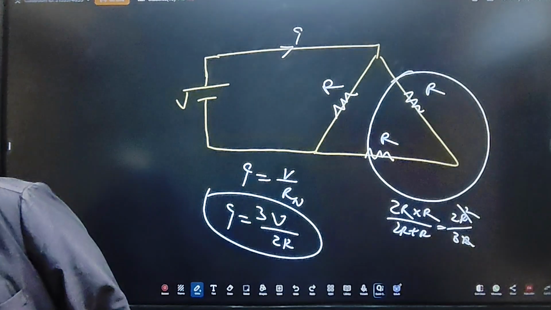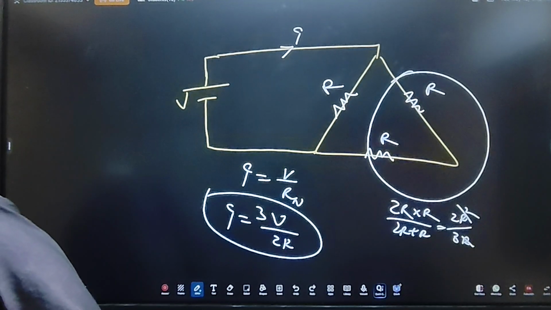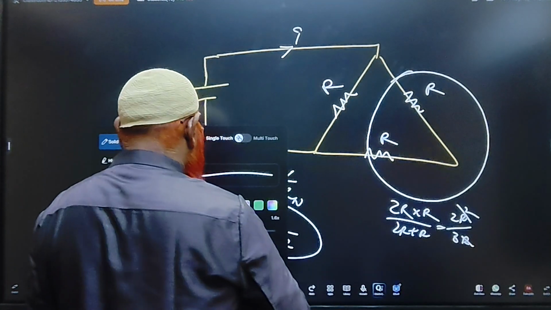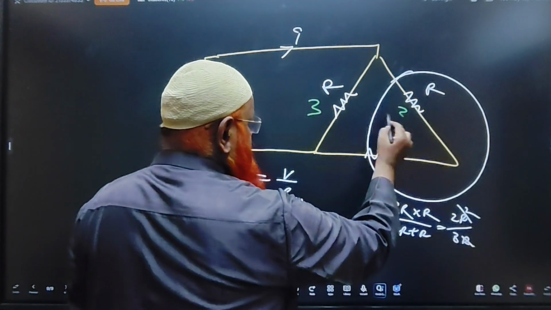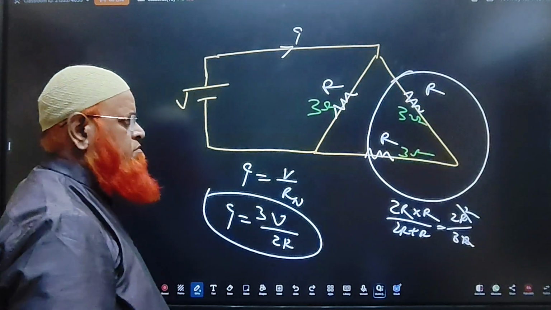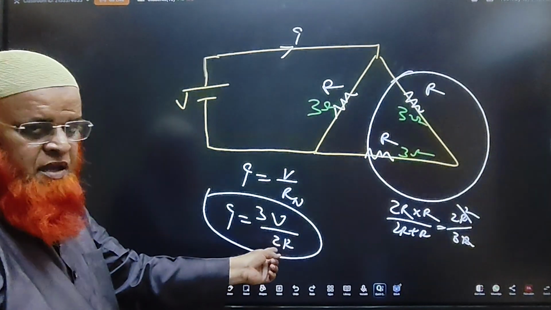What is given? The values are given here. See, question number 77. It is given 3, 3, 3. So here also, in the question itself, it says that this is 3 volts. This is 3 ohms. This is 3 ohms. This is 3 ohms. What is that resistance? R is how much here? 3.